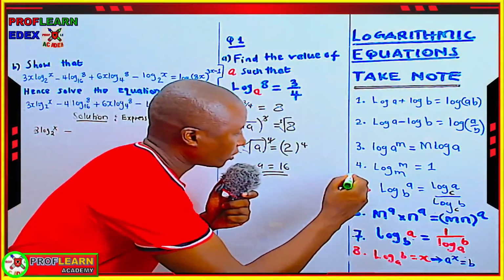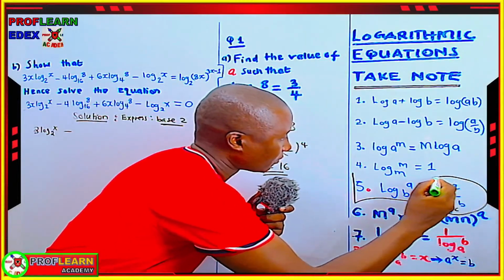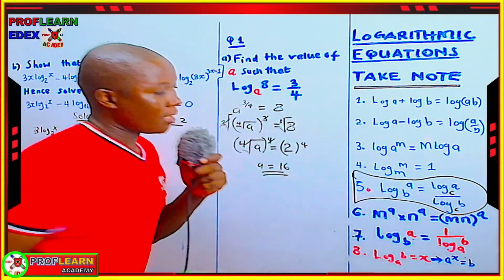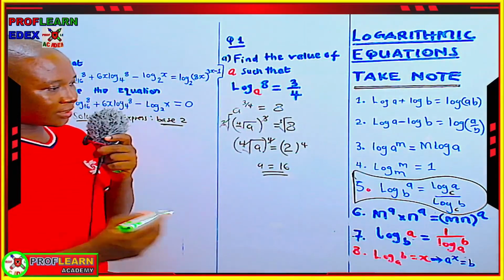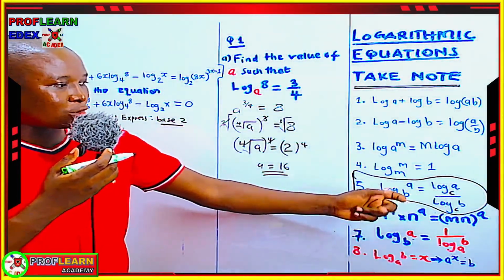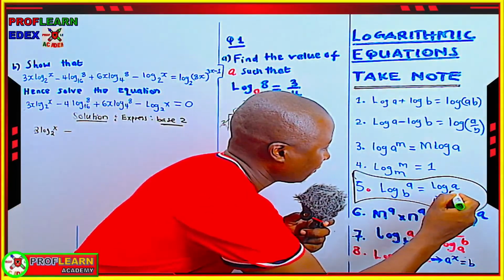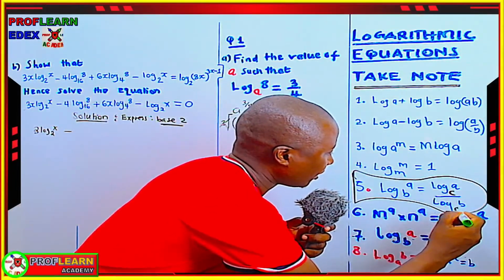Now, using rule number 5, you need to understand that if you're having log a base b, but you do want it in a different base, for instance, if you want it to base c, you are going to say it's log a base c over log b base c.